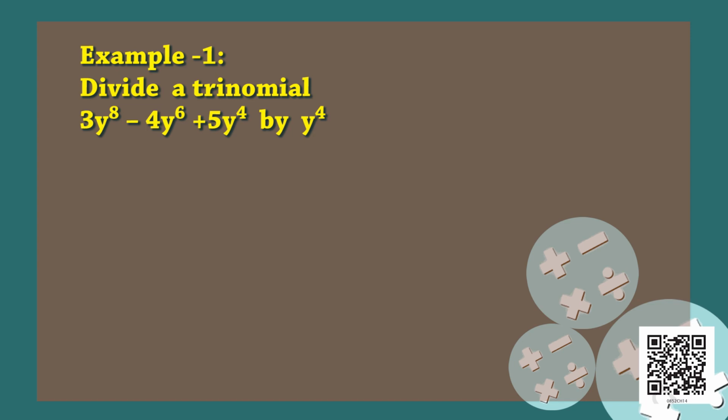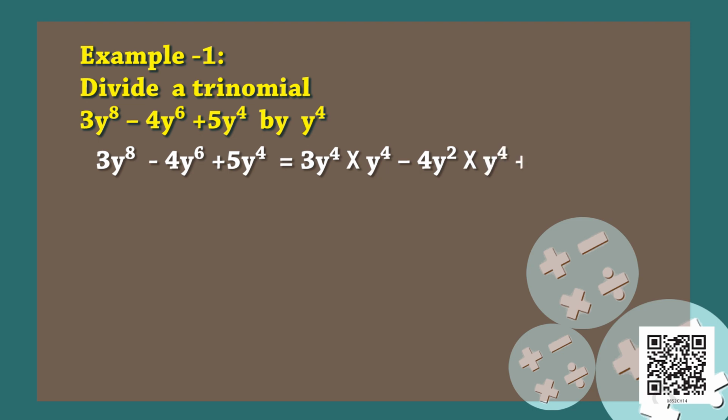First, look at 3y to the power of 8 minus 4y to the power of 6 plus 5y to the power of 4 can be written as 3y to the power of 4 into y to the power of 4 minus 4y square into y to the power of 4 plus 5 into y to the power of 4. By writing like this, you can see that y to the power of 4 becomes a common factor in each term.